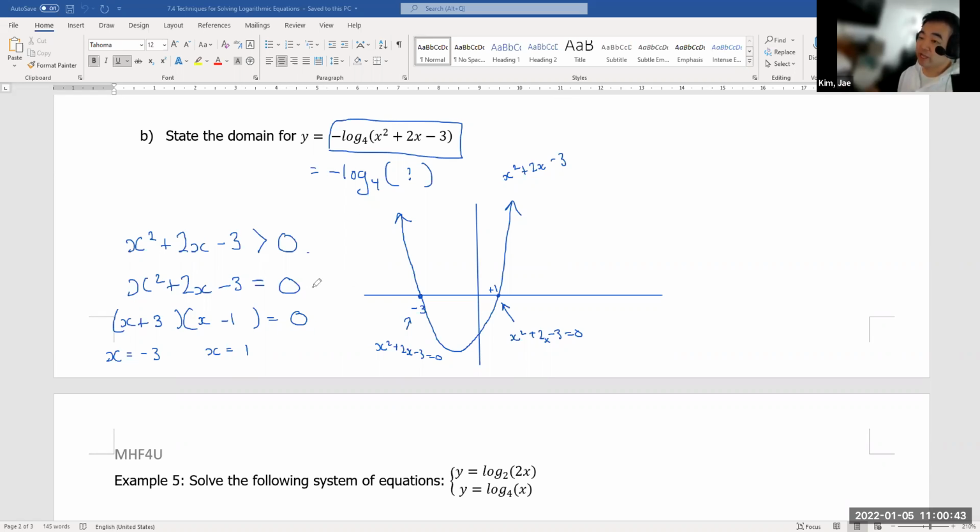So we were able to solve this. How would you solve this? We were able to solve that x squared plus 2x minus 3 equals 0 when x equals negative 3 and when x equals positive 1. When is it greater than 0?